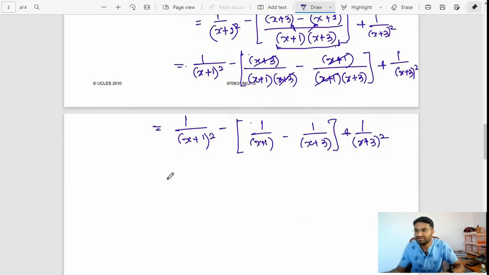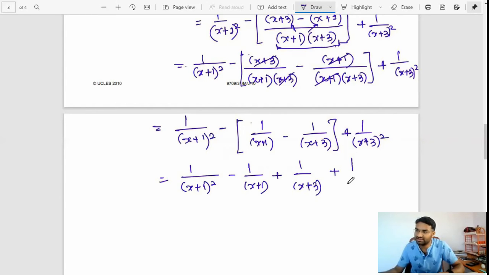Now in the next step, just multiply this negative sign to the whole bracket. So we have 1 upon (x plus 1) bracket square minus 1 upon (x plus 1) plus 1 upon (x plus 3), and plus at the end 1 upon (x plus 3) bracket square.